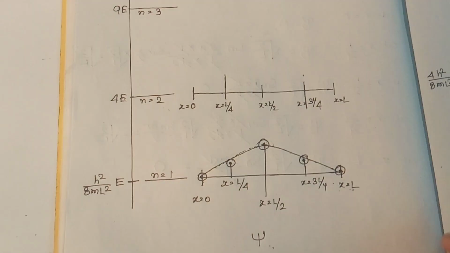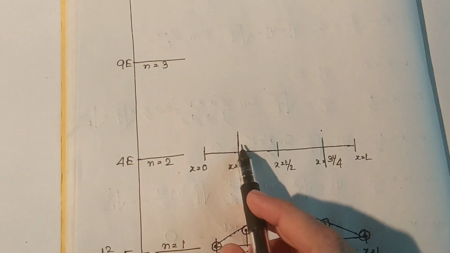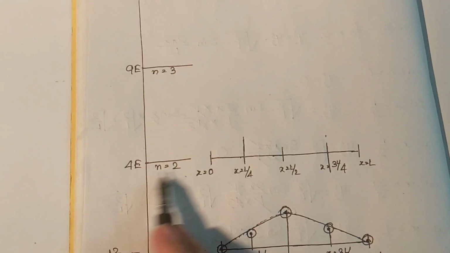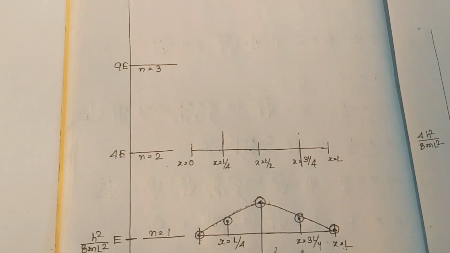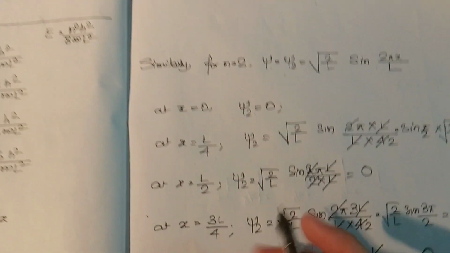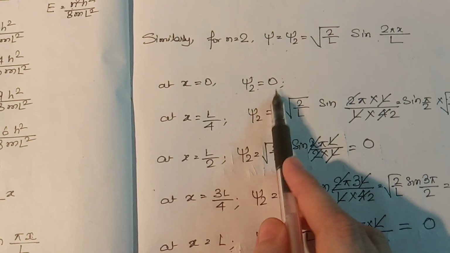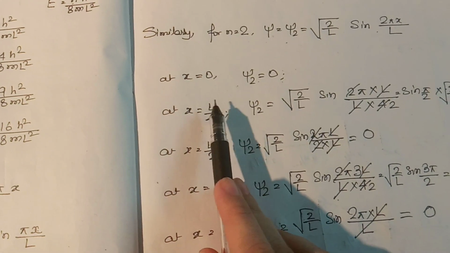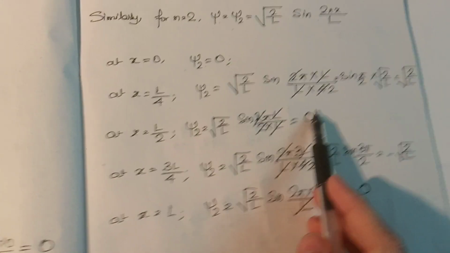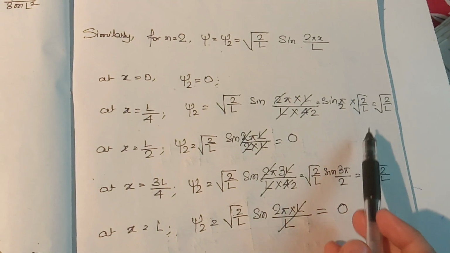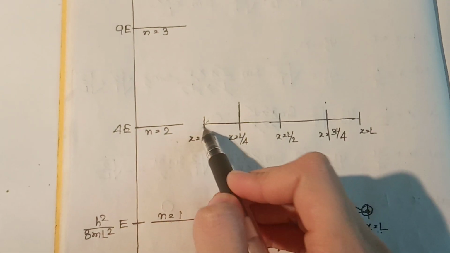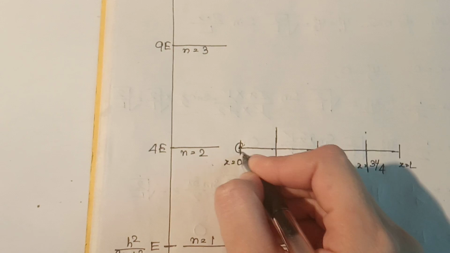Okay, then we will draw for the n is equal to 2 energy level the values that came at x is equal to 0 position. We see here at x is equal to 0 position the value of psi 2 is equal to 0, and at L by 4th position the value that came is square root of 2 by L. Okay, so when the x value is equal to 0 the value is 0, so the particle must be at 0.